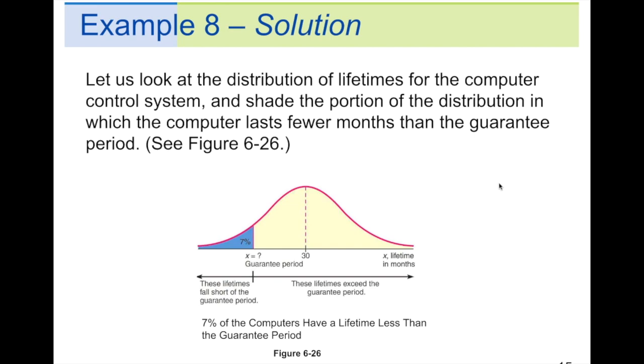So what we want is less than 7%. Since we want less than 7%, we want just this blue area. So we want to see what is the X score when it's 7%.